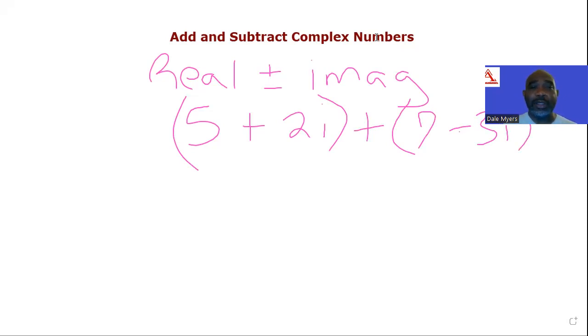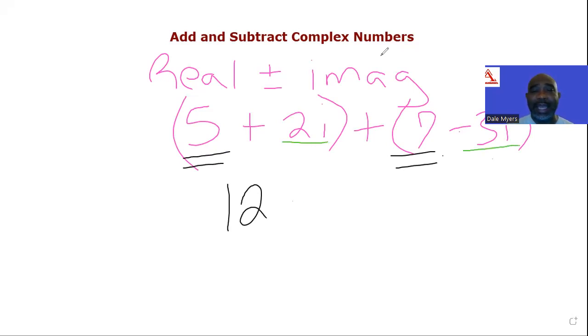The easy way to do it is think, well, I have a real part and an imaginary part. So guess what? How about we add or subtract the reals? 5 plus 7 is 12. And then how about we do the same thing with the imaginaries? 2i plus negative 3i. 2 plus negative 3 is negative 1.